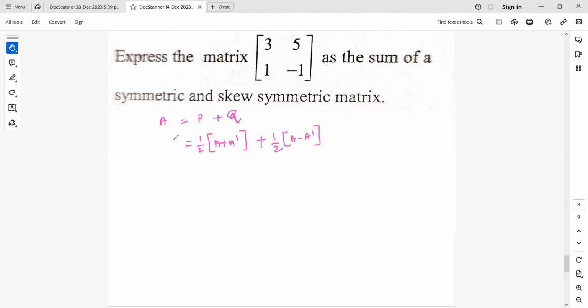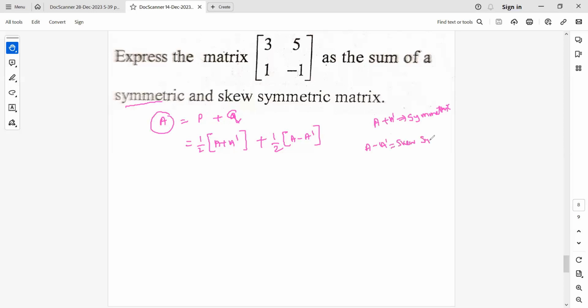Using this formula, we need to show that 1/2 (A plus A dash) plus 1/2 (A minus A dash) is equal to the given matrix A. That is, we are converting the given matrix into the sum of a symmetric matrix plus a skew symmetric matrix. For a given matrix, A plus A dash is always a symmetric matrix, and A minus A dash is always a skew symmetric matrix.